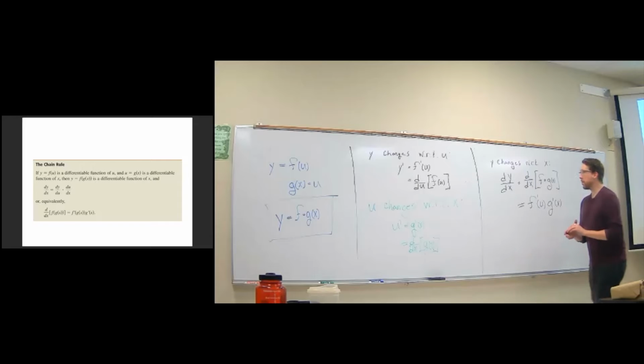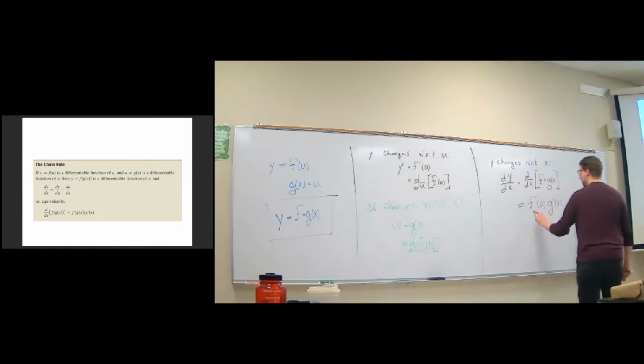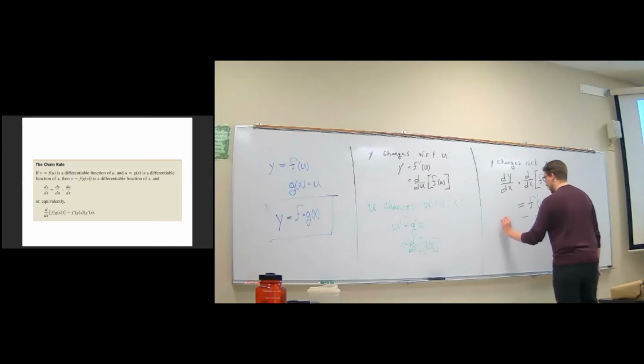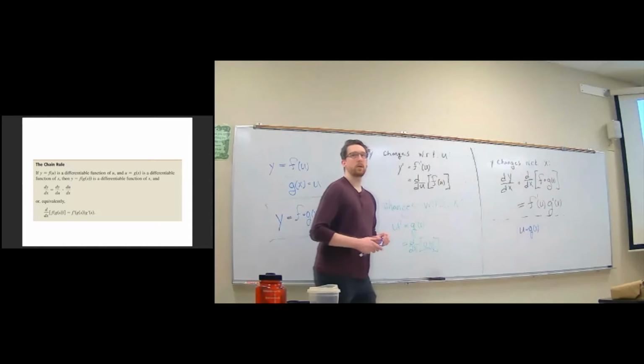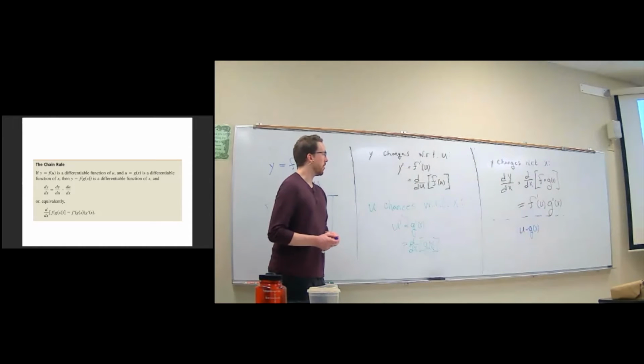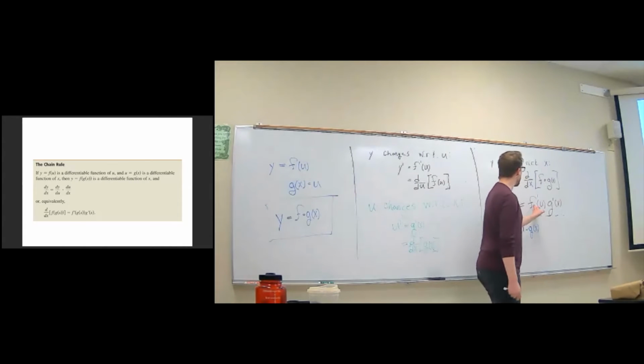Now it's important to remember that u is equal to g of x. And it's important to remember that because what we're saying is you take the derivative of the outside, not do anything to the inside.